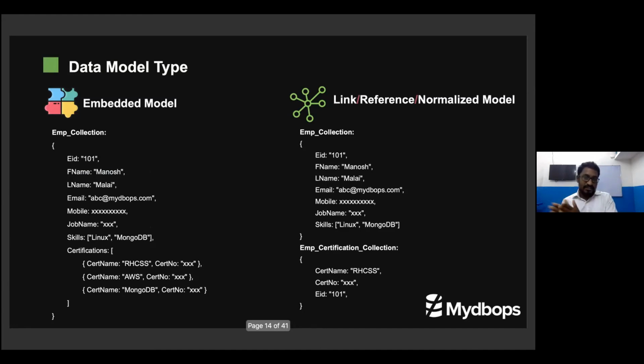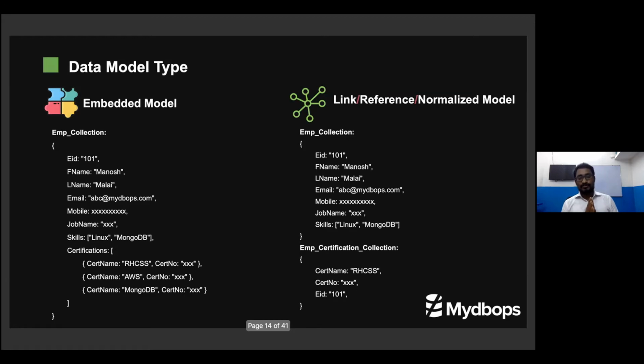In the reference model, you put only the information which you frequently access or frequently update, based on the use case, in the single document, and the reference information is stored in a separate collection. People call it by different names, so I noted here: link, reference or normalized model, whatever you call it, in a separate model.